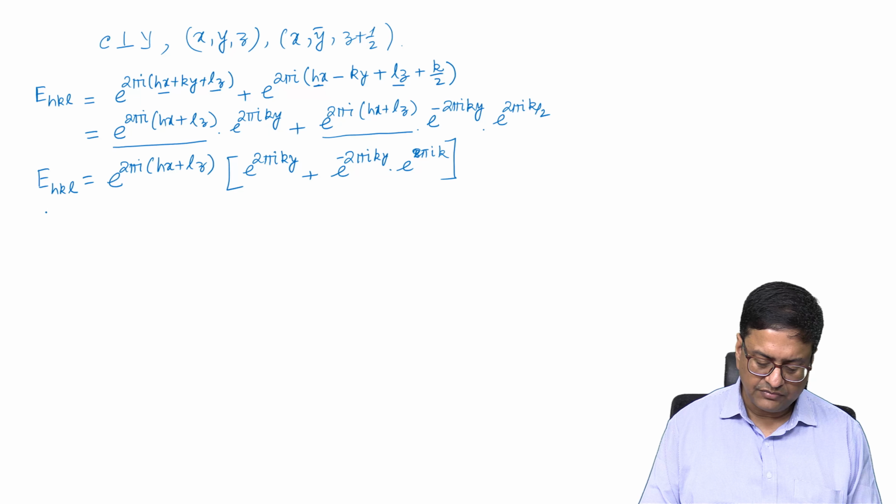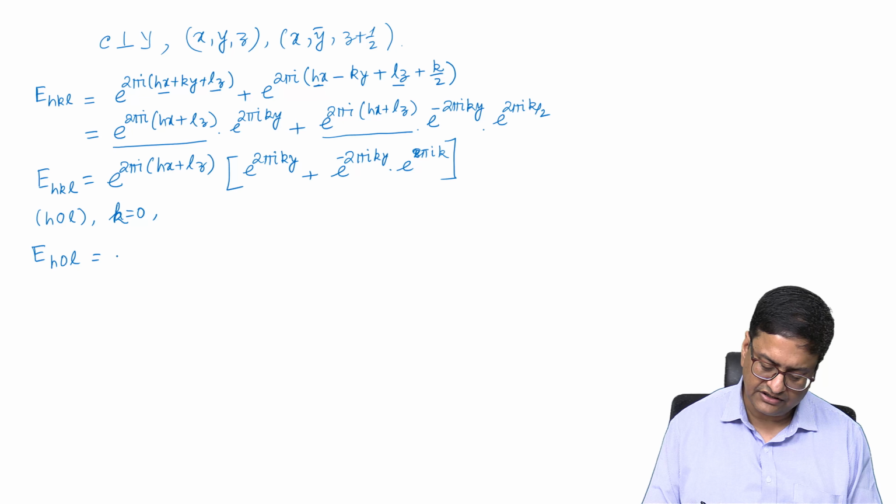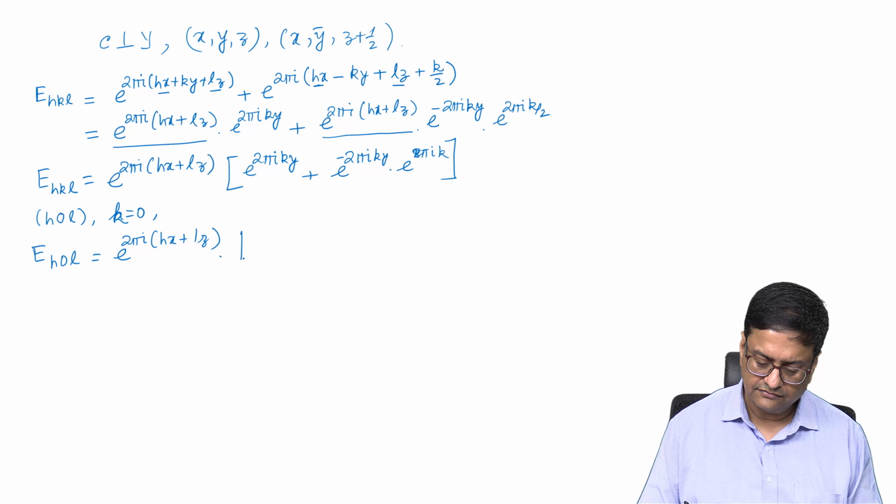When we consider a special set of reflections, that is h0l having k equal to 0, this E(h0l) set of reflections will have the special structure factor expression e to the power 2 pi i (hx + lz) into, when k is equal to 0, this first term e to the power 0 is 1.